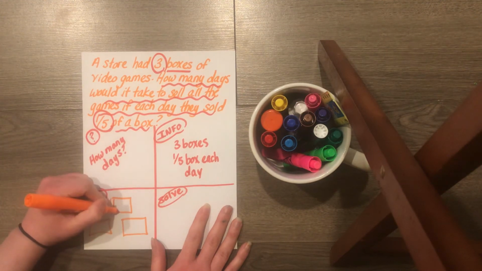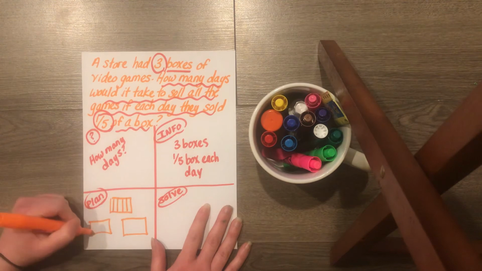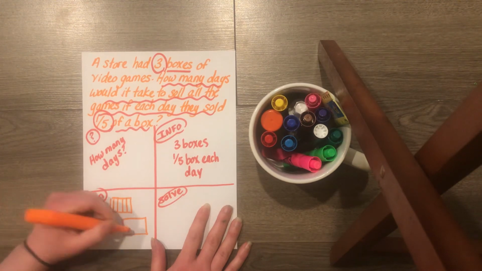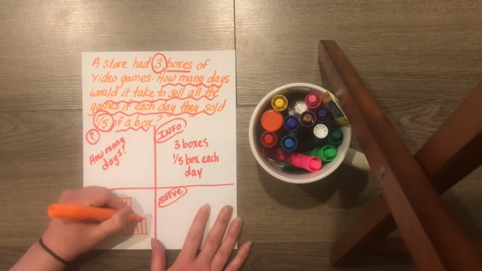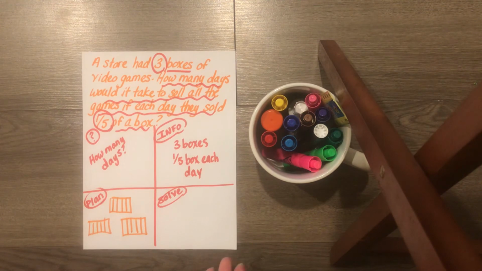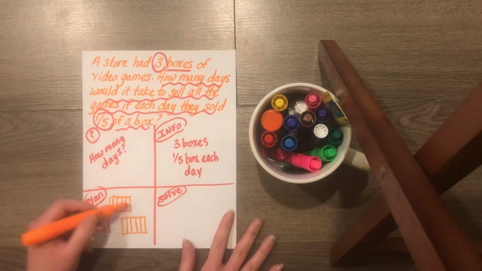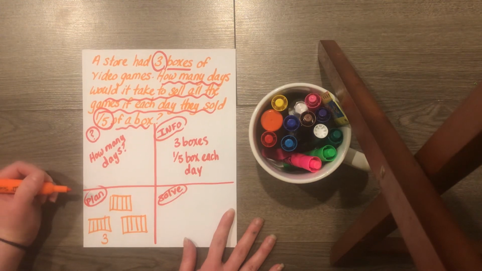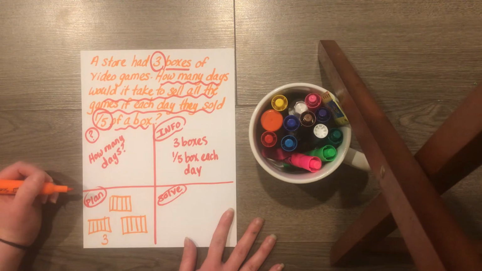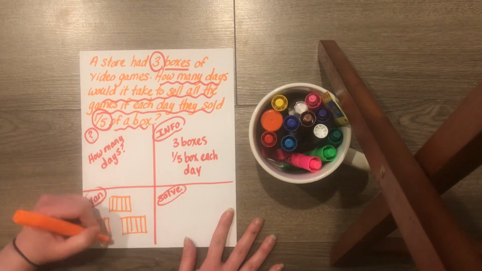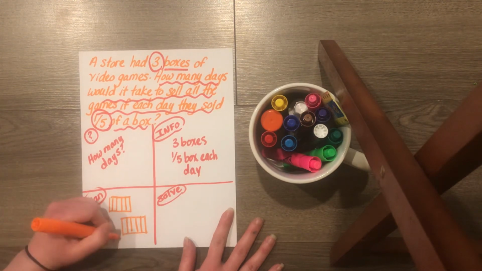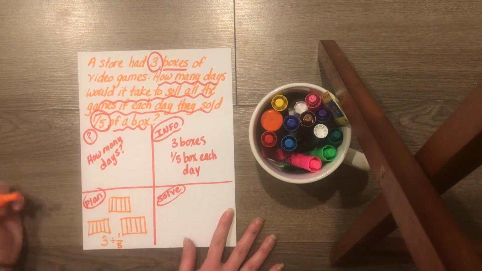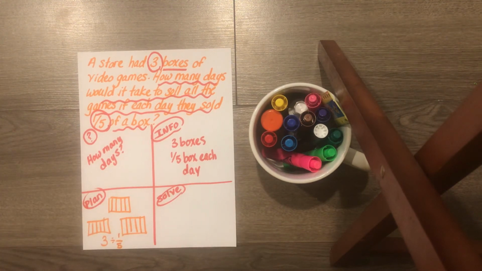So 1, 2, 3, 4, 5. 1, 2, 3, 4, 5. 1, 2, 3, 4, 5. So what am I doing? I'm taking 3 and I'm splitting them up into 1/5 pieces. Splitting up is, you and I know, a clue word for division. So we are going to divide 3 by 1/5.